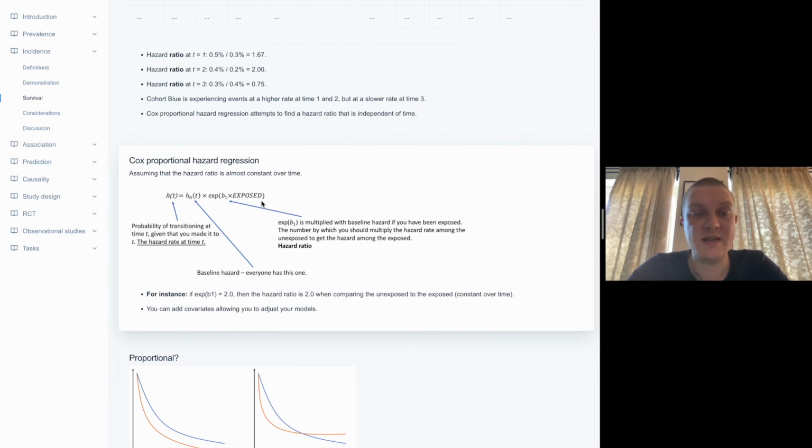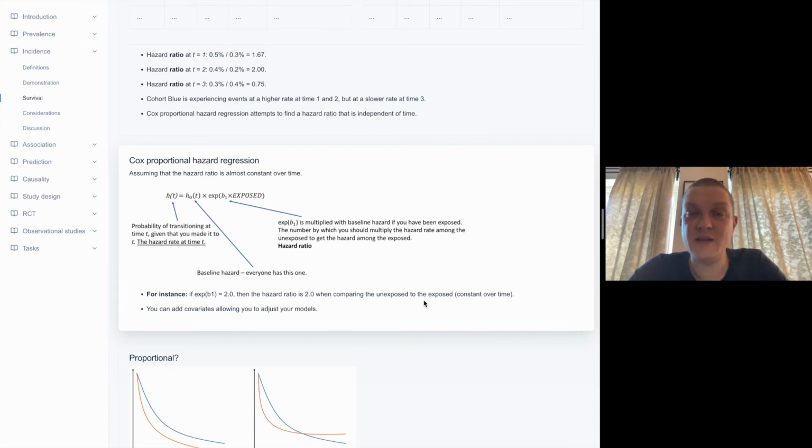So we're saying by which magnitude should the hazard increase given that I have been exposed. You could enter this into any statistical program, and it will give you the number exp(b1). If exp(b1) is 2.0, then the hazard ratio is 2.0 when comparing the unexposed to the exposed.